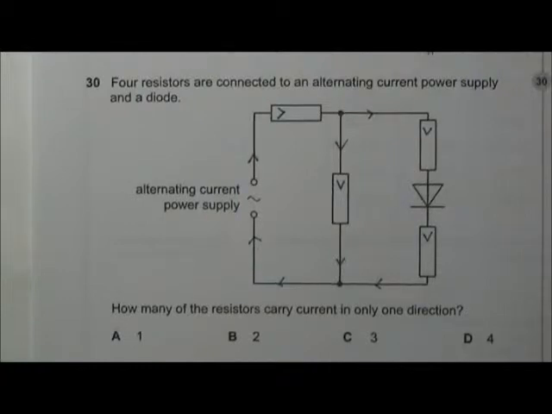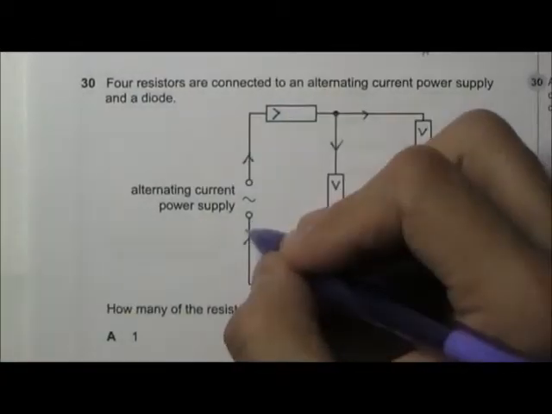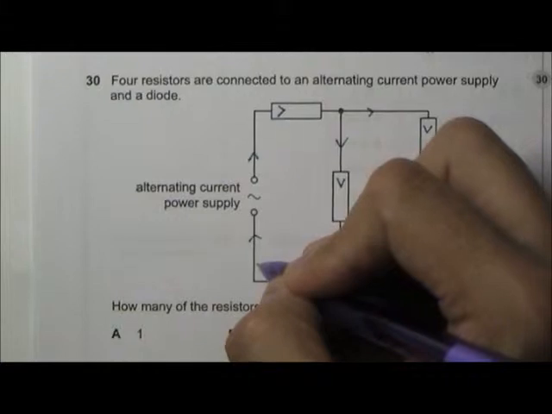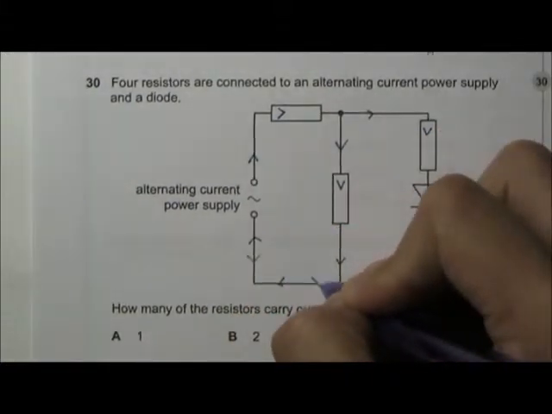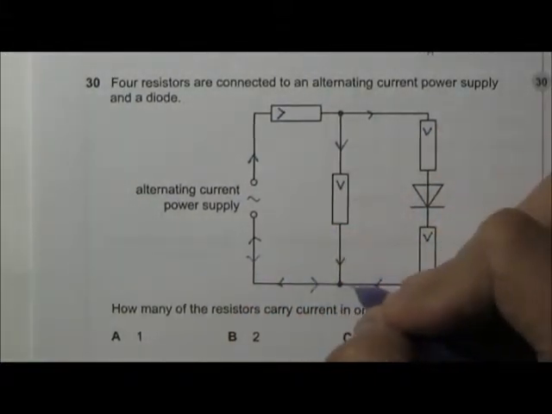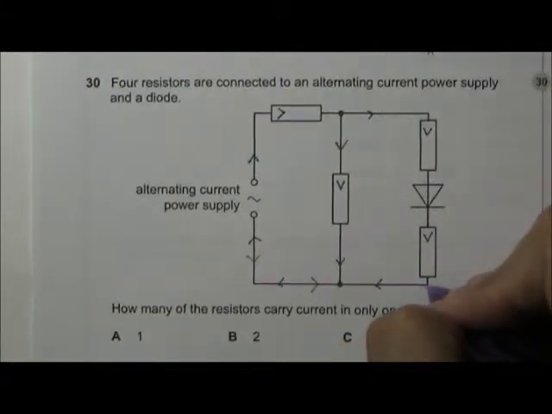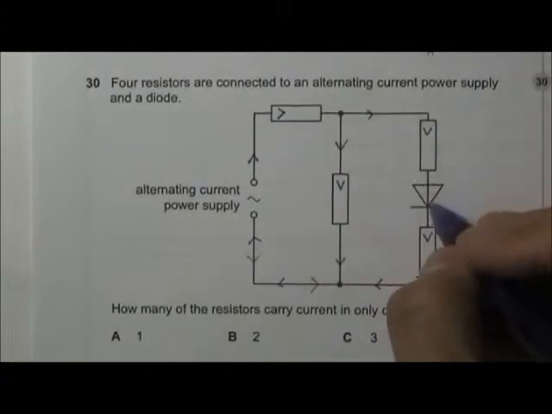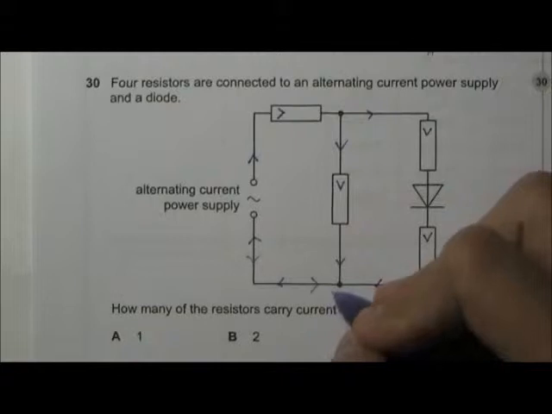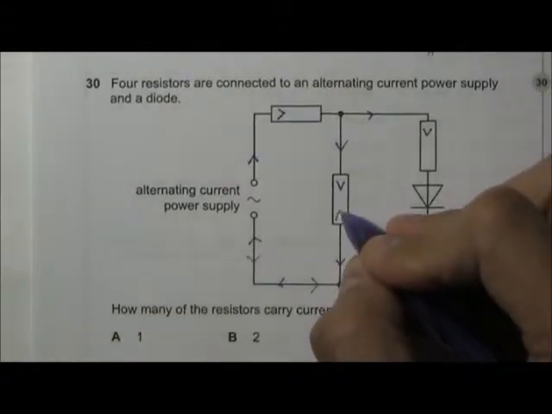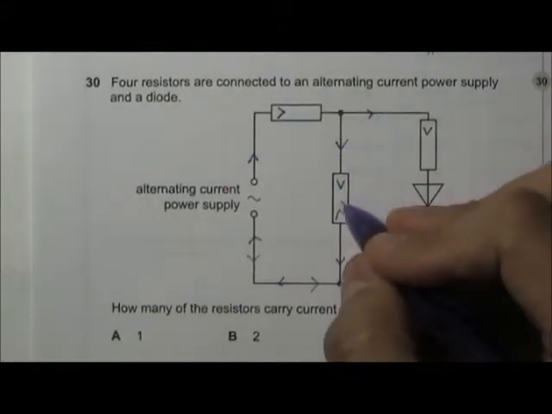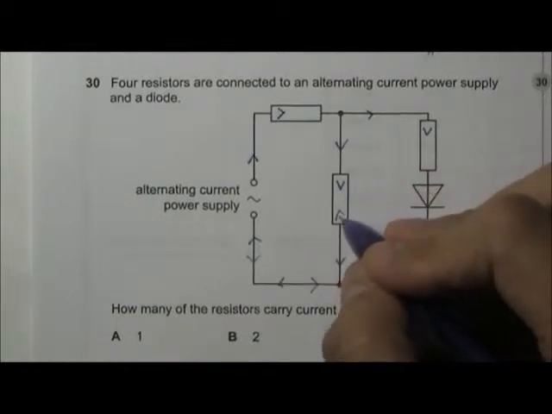Now when the current is reversed, the current will come out from this direction, and when it reaches this junction here, the current will not be able to go down to the bottom branch because of the diode here. So the current will only go through this branch and into this resistor in this direction.